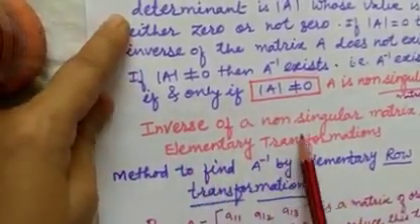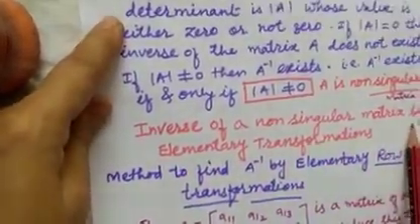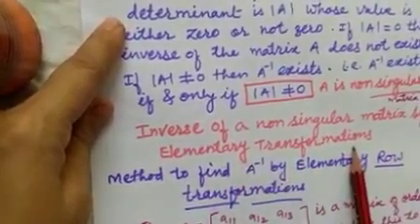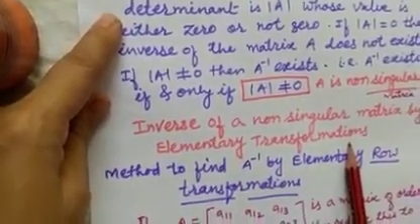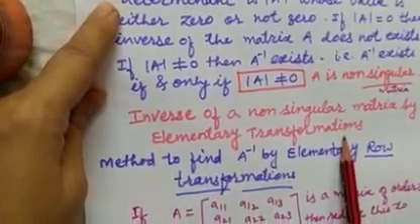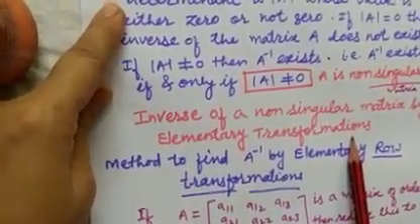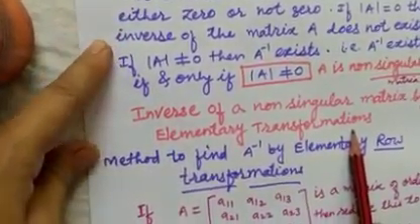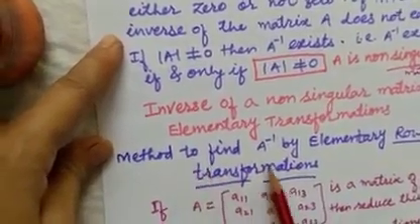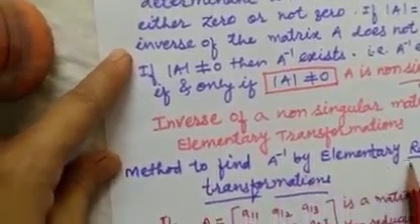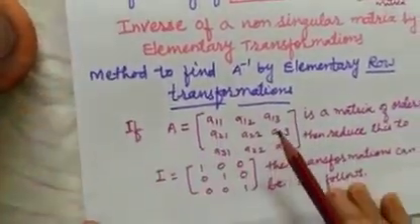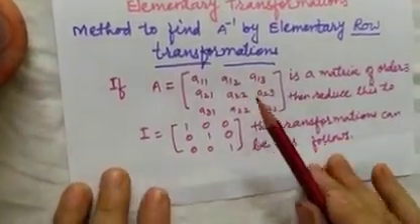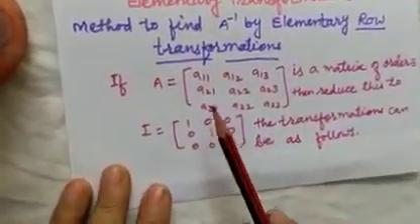Now, the inverse of a non-singular matrix by elementary transformation. How do we find the inverse of a non-singular matrix by elementary transformations? For that method, to find A inverse by elementary row transformations, there are some steps to remember.